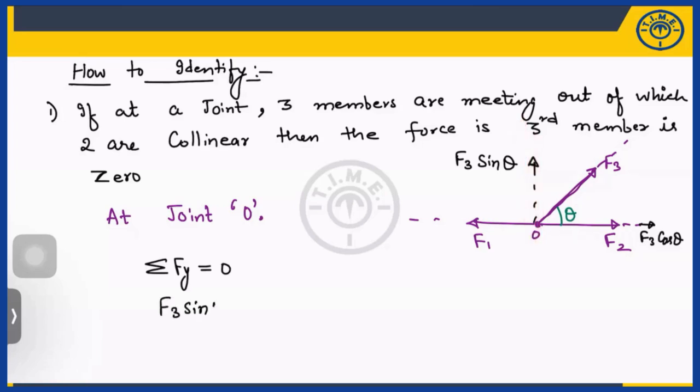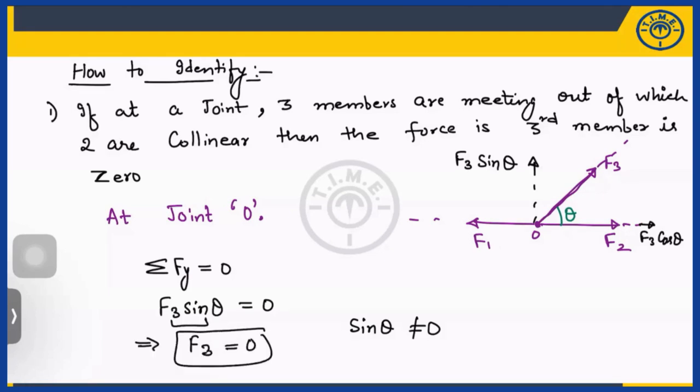F3 sine theta is equal to 0. You know already that sine theta cannot be 0, because if the member is constructed in this manner, there should be some theta. For example, it may be 30, it may be 40. So theta cannot be 0, so sine theta cannot be 0. So F3 should be 0.